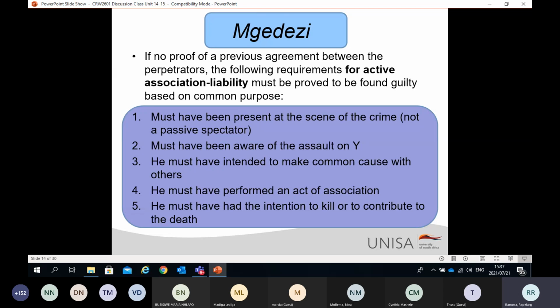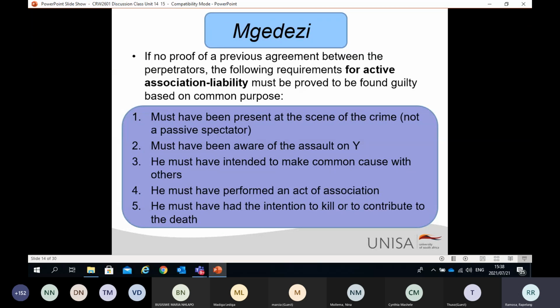He must have intended to make common cause with the group concerned, and he must have performed an act of association, or an act that demonstrates that he or she associates himself or herself with the conduct of the group. And once elements 1 to 4 are satisfied, then the imputation principle kicks in, whereby the acts of the group are imputed onto this particular accused.